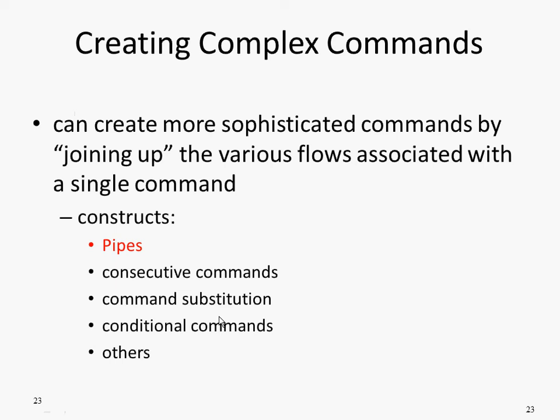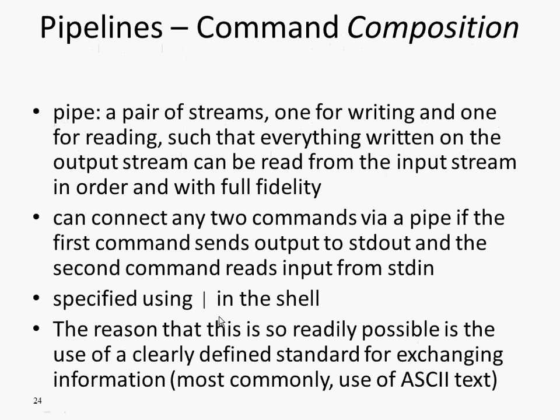So the pair of streams here: one for writing, so foo writes to the standard out, and one for reading, bar reads from the standard input. As I said, you can connect any two as long as one sends to standard out and the other reads from standard in. Normally this is so readily done because text is the means of communication.